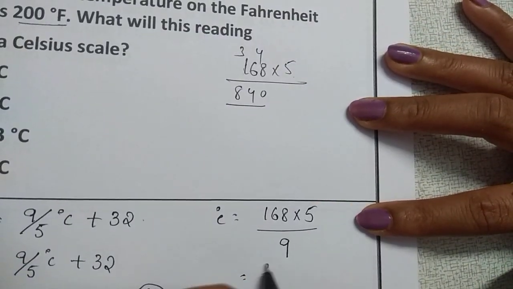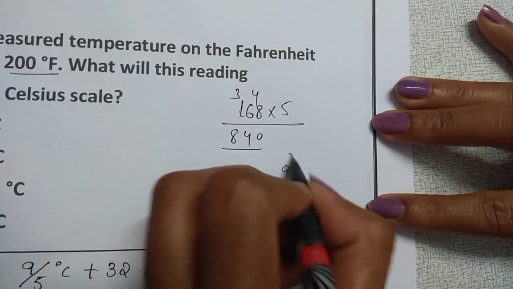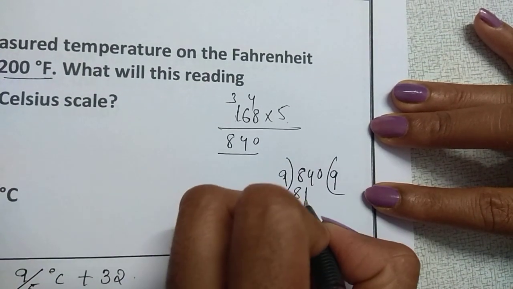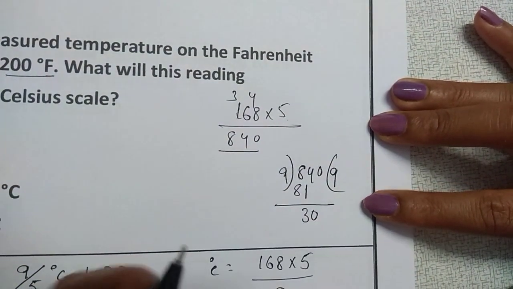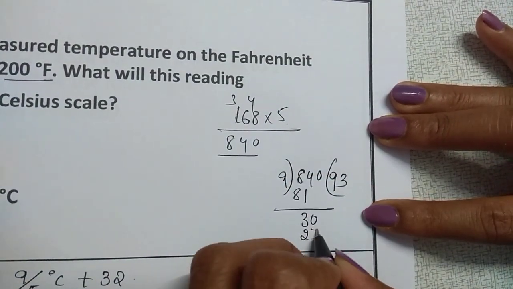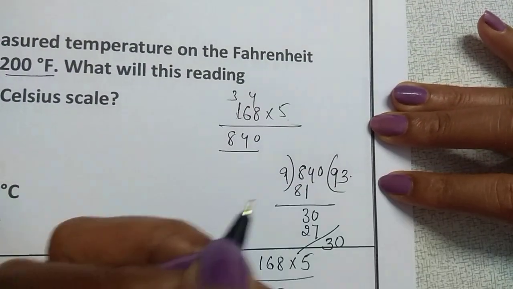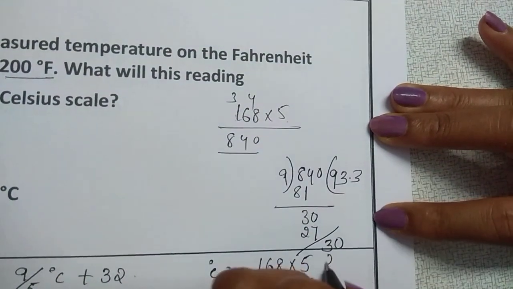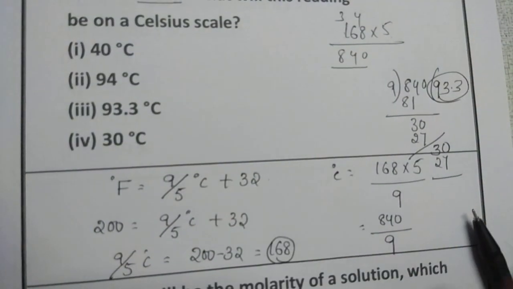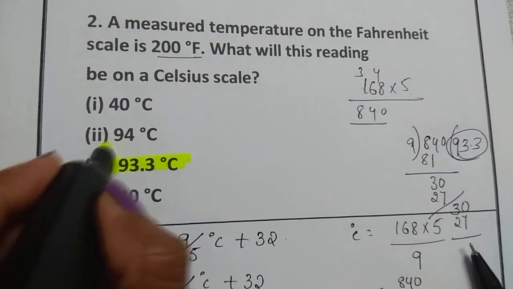Now 840 divided by 9 gives around 93.3. Check that. That is option 3. So the correct answer is option 3.